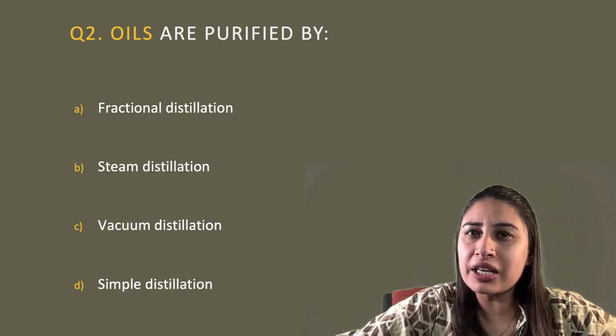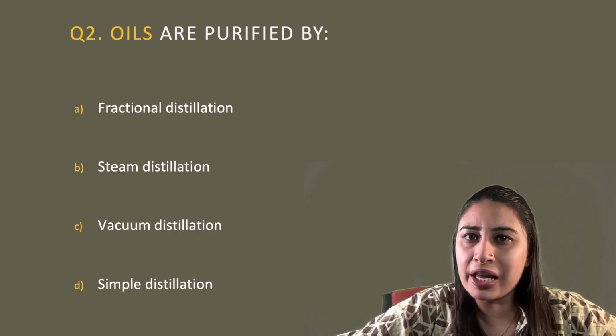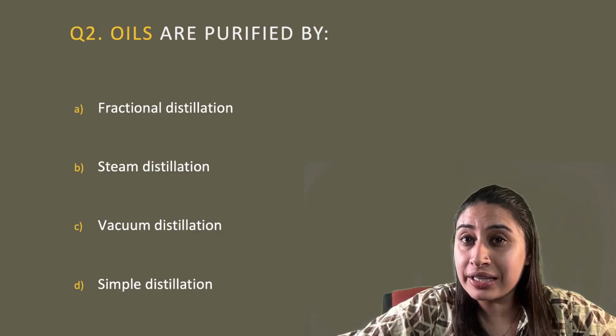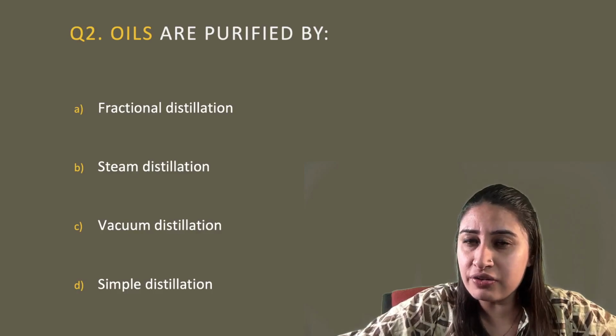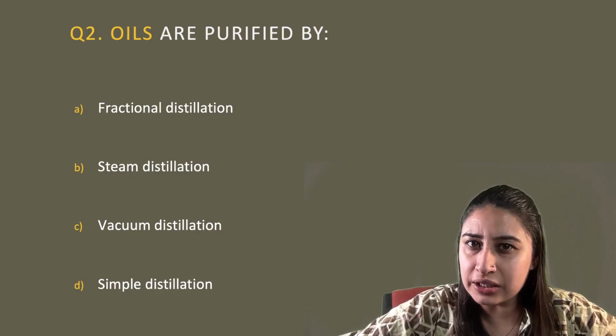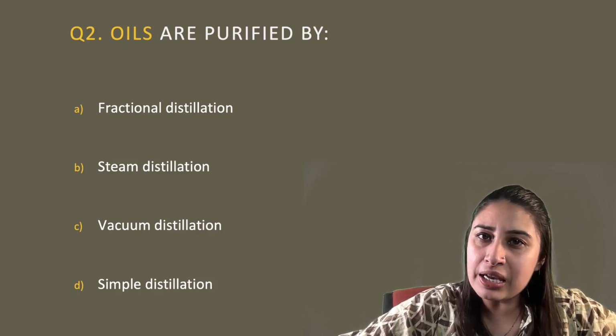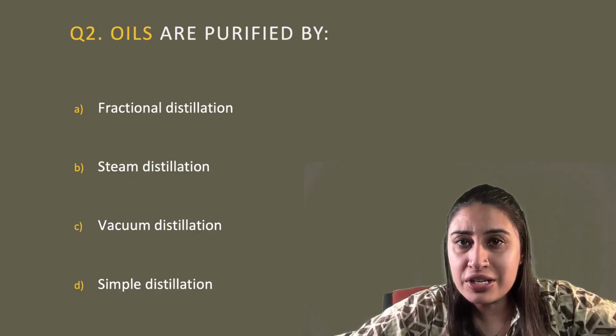If, let's say, something is decomposing before reaching the boiling point, we must use, remember which law? Gay-Lussac law. GV, volume constant. So if the pressure is reducing, the temperature will reduce, so the boiling point will reduce. So basically we will be able to get the stuff before reaching the boiling point.